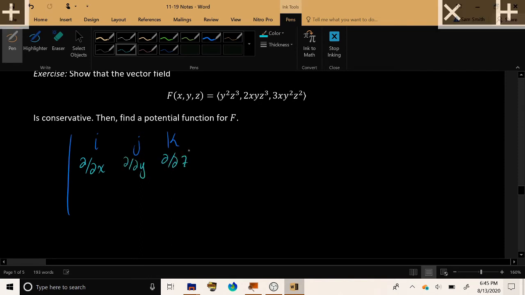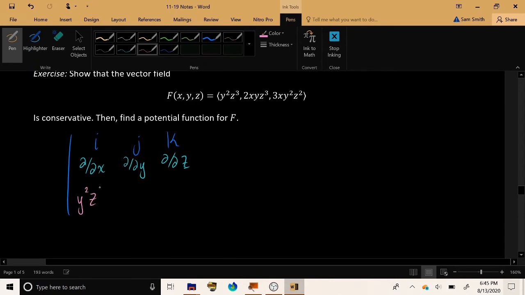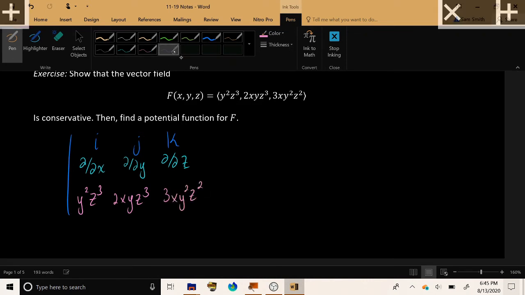And we have our component functions in the final row. So we have y squared z cubed, we have 2xyz cubed, and we have 3xy squared z squared.